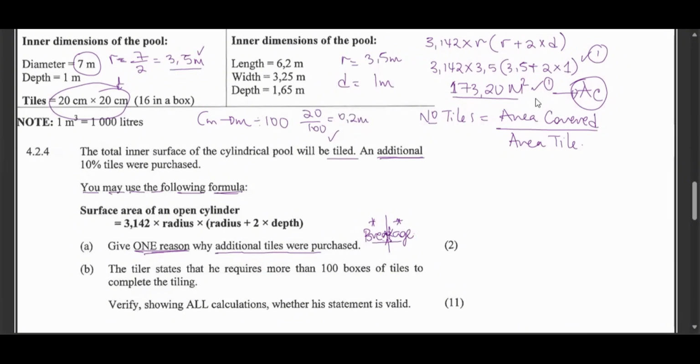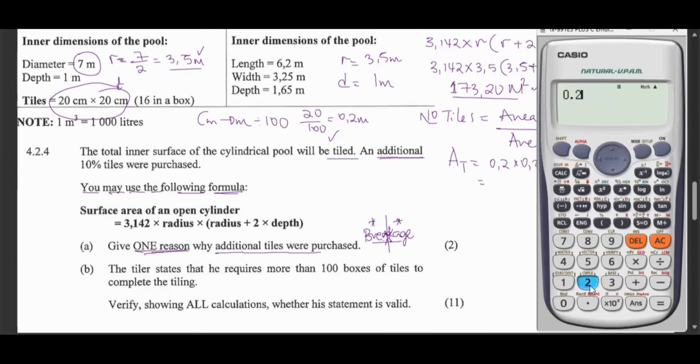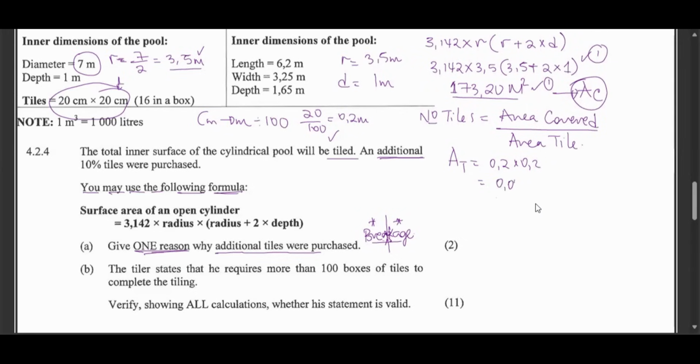The tile is 20 by 20, so the area of the tile will equal 0,2 times 0,2, which is 0,04. So one tile has an area of 0,04 meters squared.